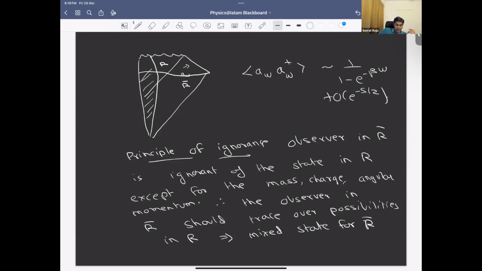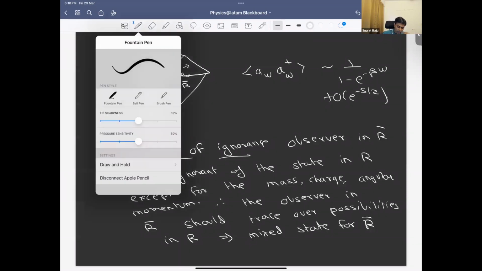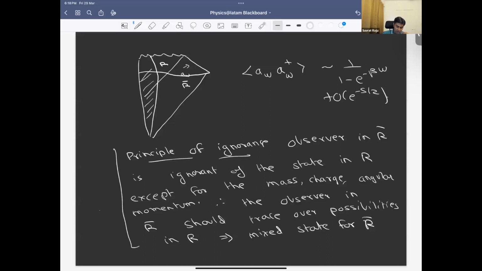It's clear that this is not correct. So sometimes people say, where is the error in Hawking's argument? Well, this is the error. And really, if you open Hawking's paper, you will find this principle of ignorance being very important, and this is exactly what is being said.